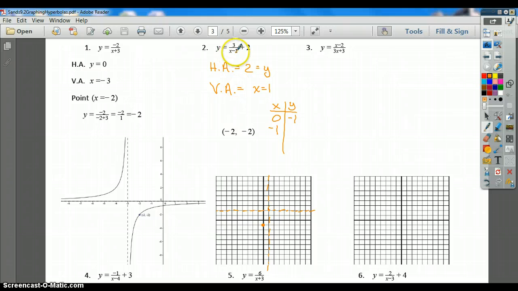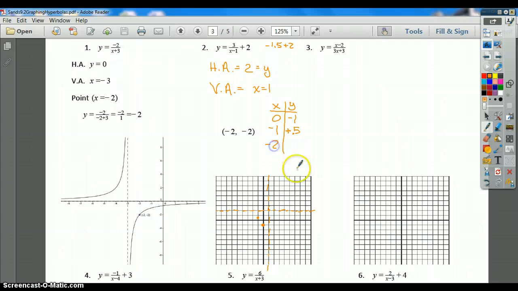So that's 3 over negative 2, so that would be negative 1.5 plus 2. So we're looking at positive half. If you have a graphing calculator, don't be afraid to use the table. Just punch it in.